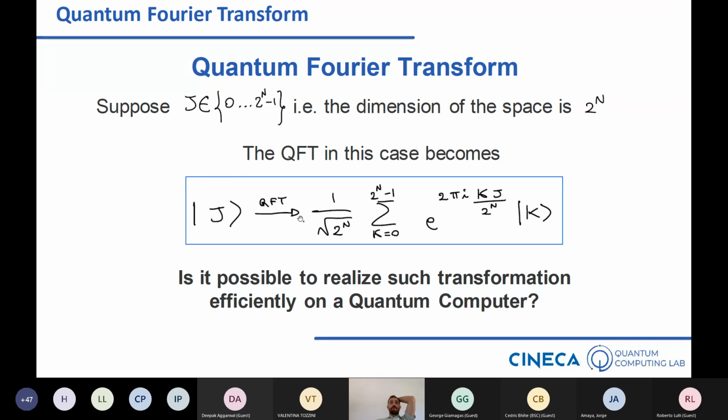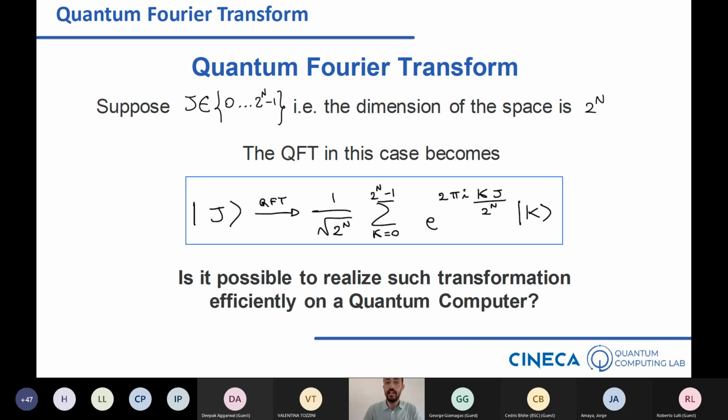Since we have to construct a state with an exponential number of amplitudes, so a summation of an exponential number of terms, is it possible to realize such a transformation efficiently, using only a polynomial number of gates on a quantum computer?